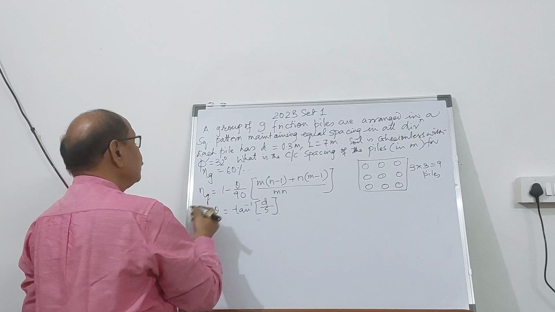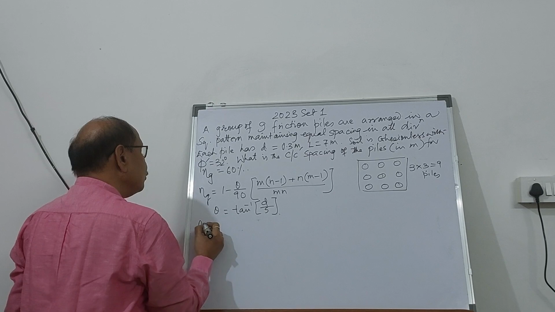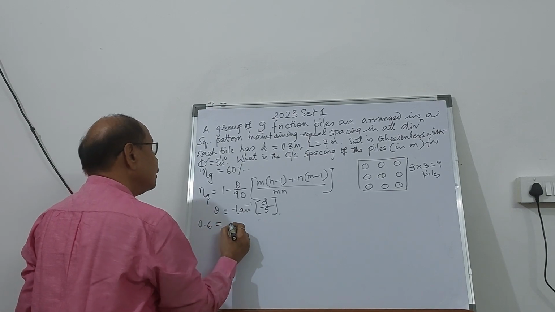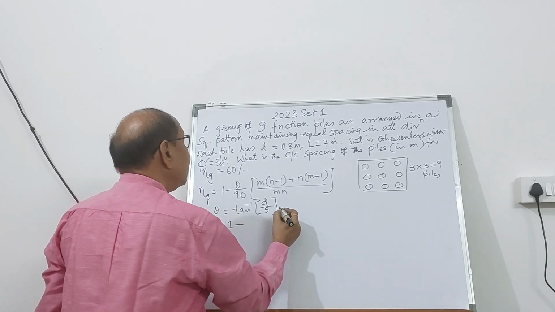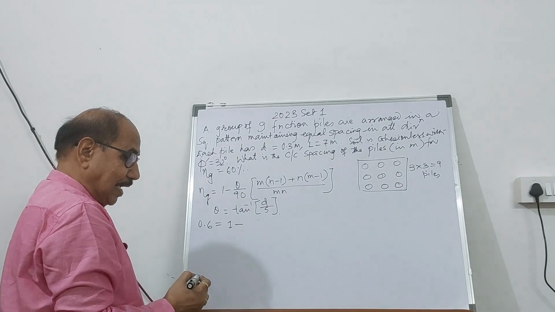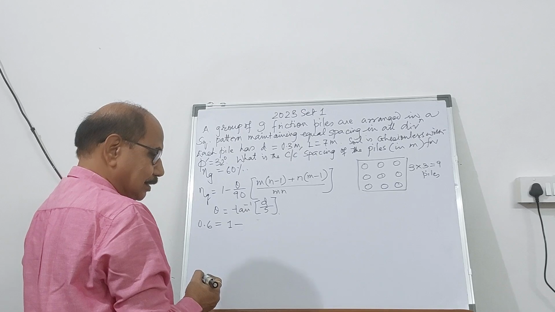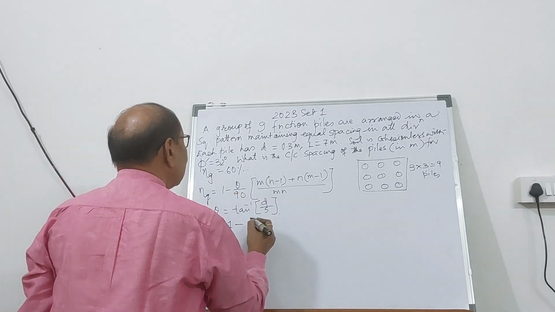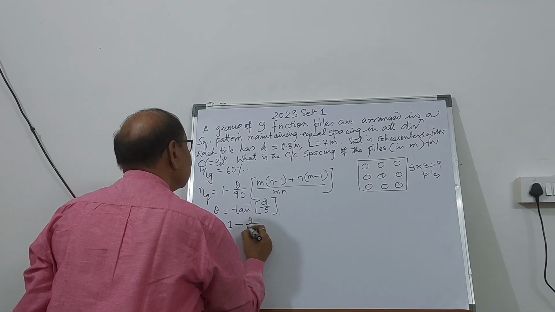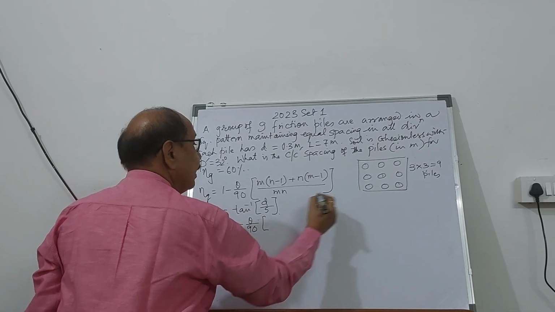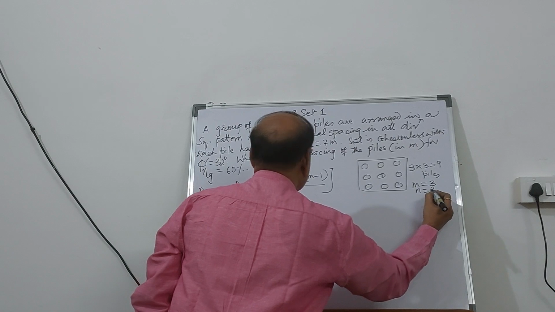If you simplify it, eta G is 0.6, equal to 1 minus theta by 90, where theta is known to us with equal spacing maintained in all directions. Here m, the number of piles, is 3 and n equal to 3.